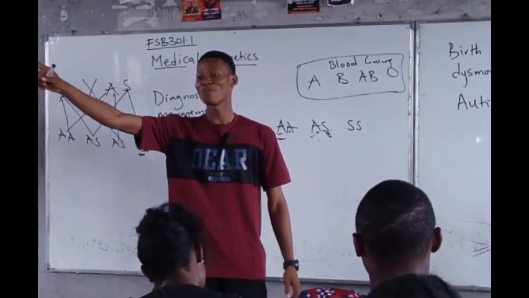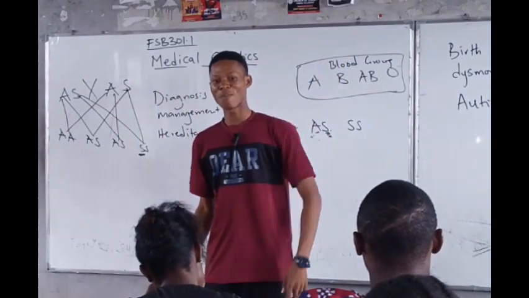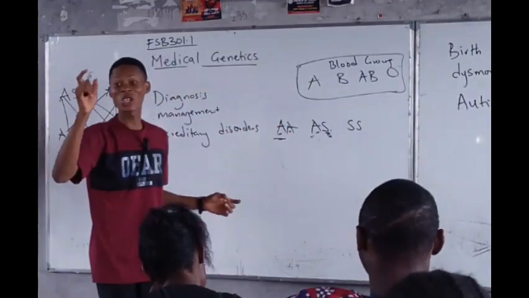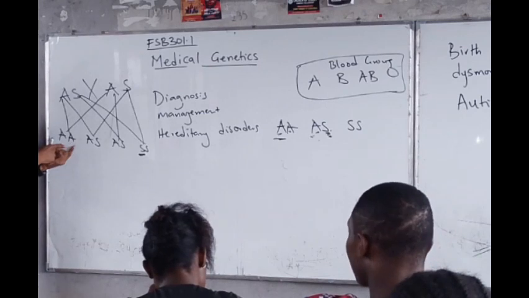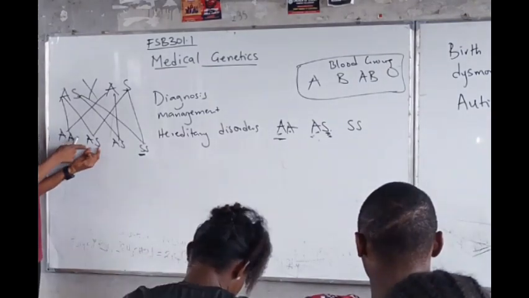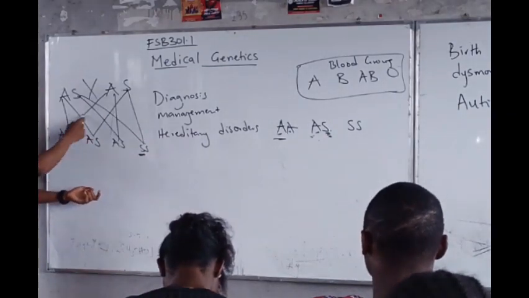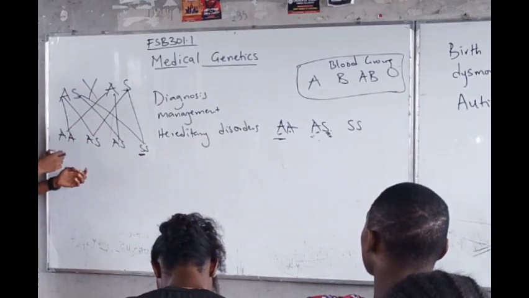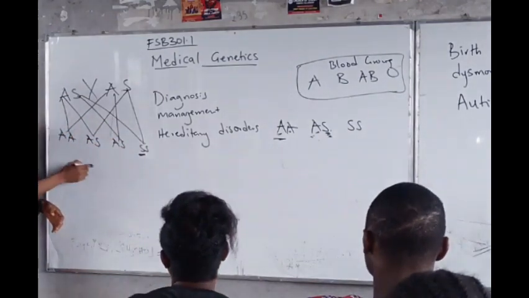I told my dad, tell me your genotype and your wife's genotype, and I will tell you the genotype of your first 4 children. It doesn't work that way. It doesn't mean the first child is AA, or the second or third. These are just probabilities. The first child might even be SS. The genotype of your children will fall within this.